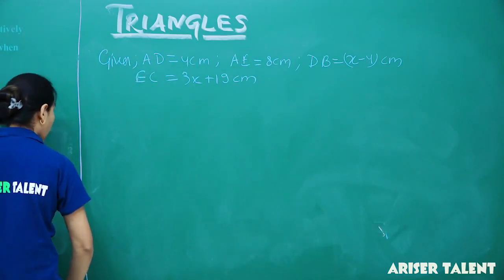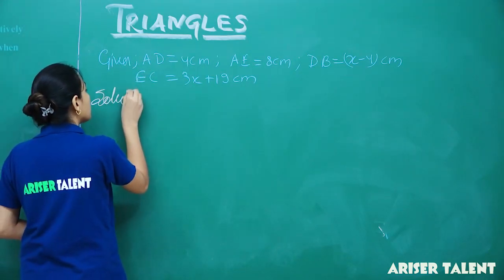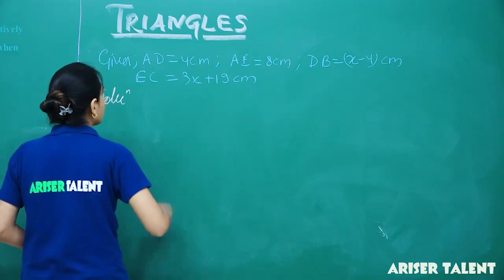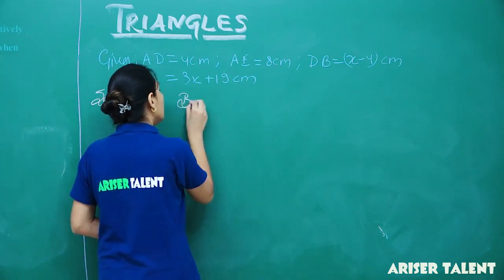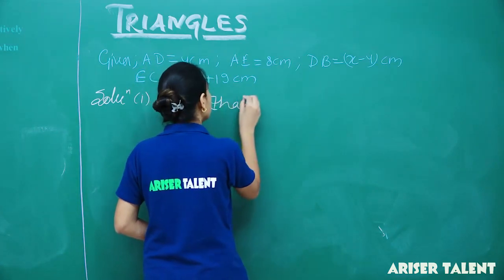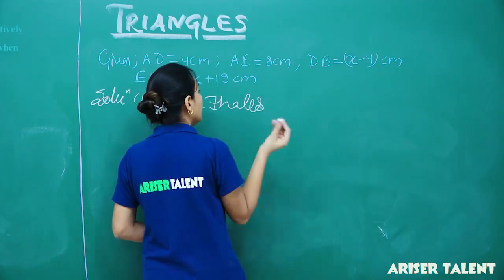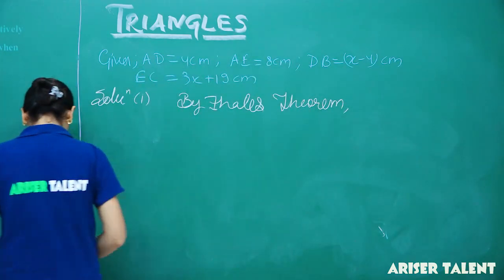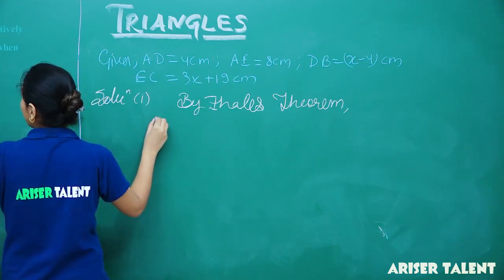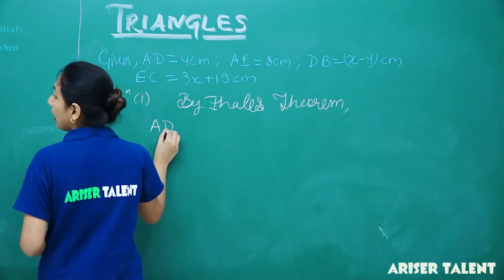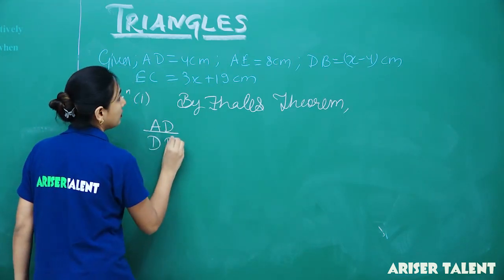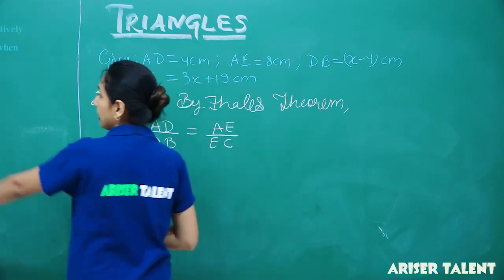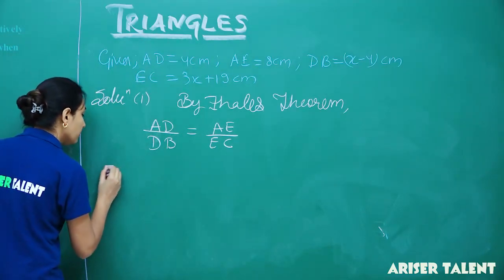Now, solution of part 1. I will do that by Thales theorem. By Thales theorem, we will have AD by DB equals AE by EC. Okay students, now just put the values.